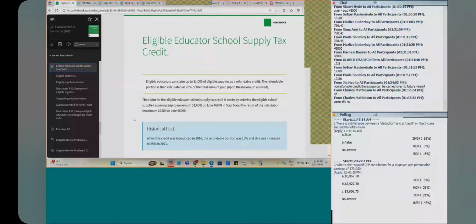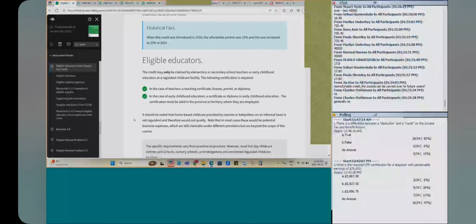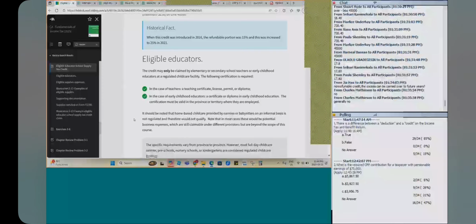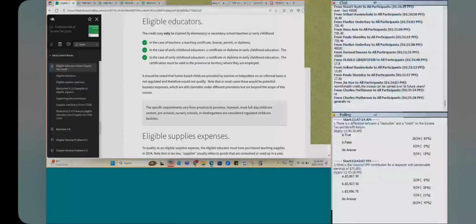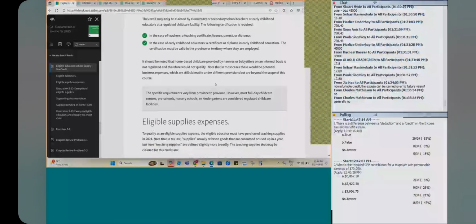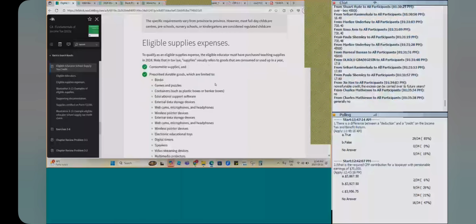Now, the credit was brought in 2016 and was increased to 25% in 2021. So eligible educators are defined here. And again, only elementary, secondary schools or certain early childhood educators. Proof is needed. Specific requirements vary from province to province.